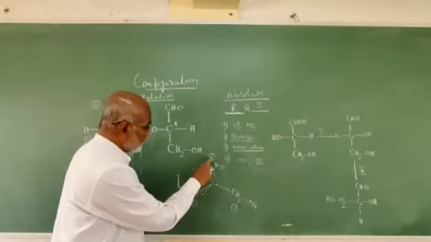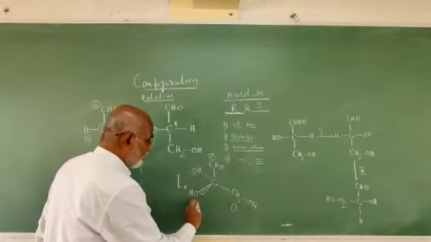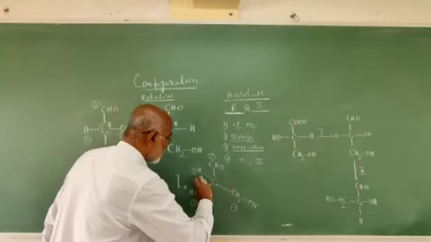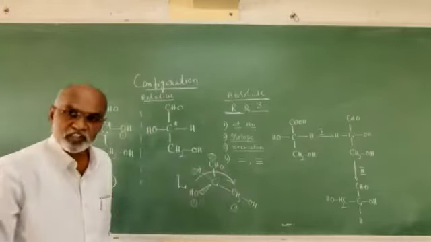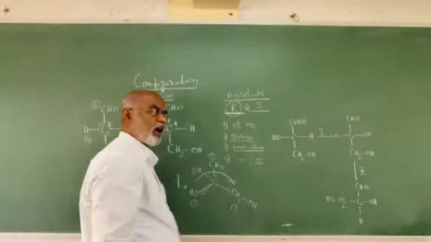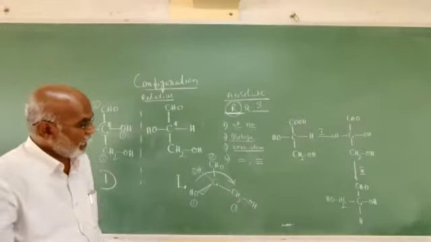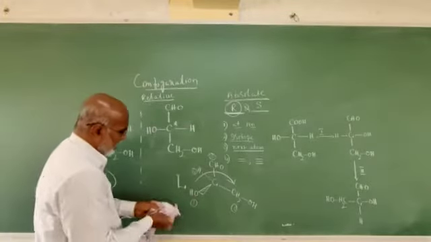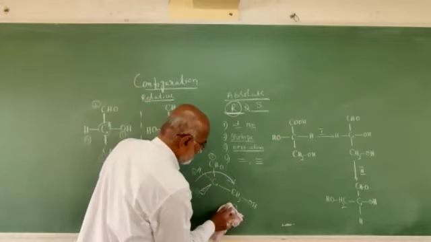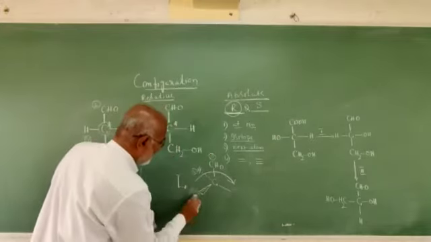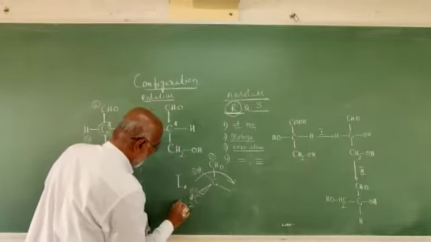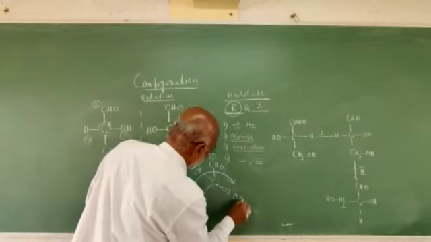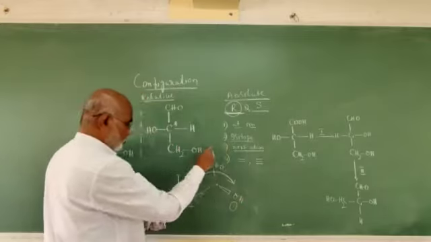Moving from 1 to 2 and 2 to 3, when we move in the clockwise direction, then that isomer is called the R isomer. And if you take the mirror image of the same molecule, that becomes the S isomer, because in the mirror image, this is CH2OH, this becomes OH, and this is 1, 2, 3.